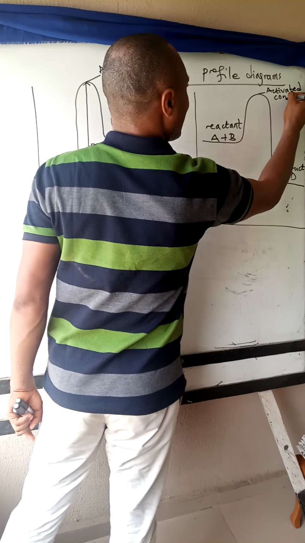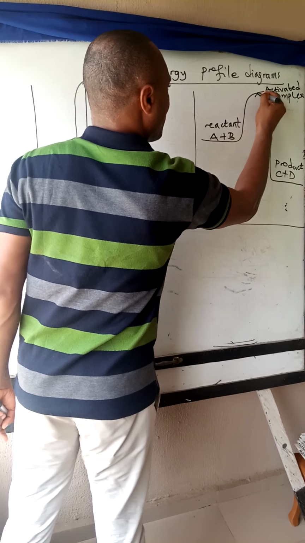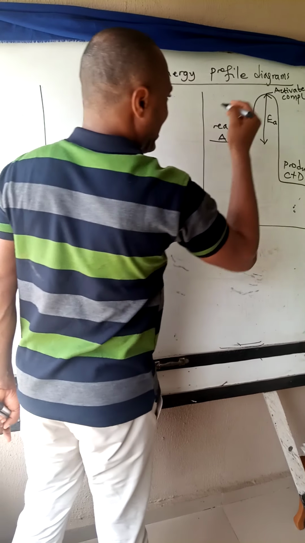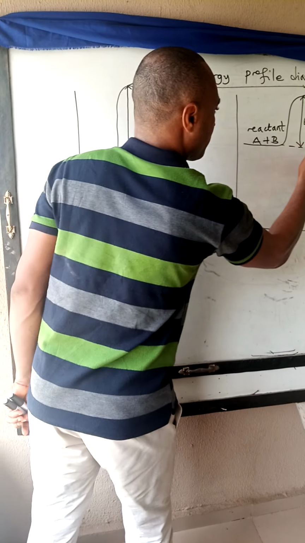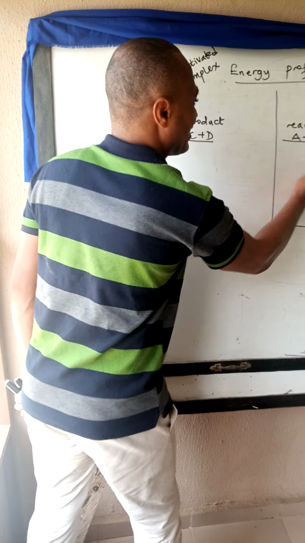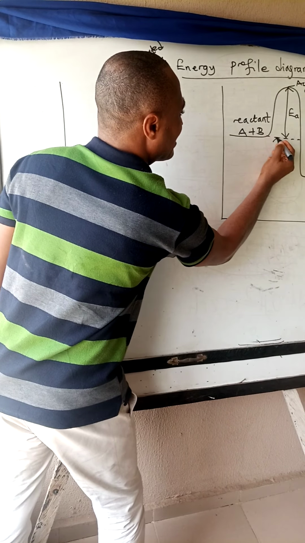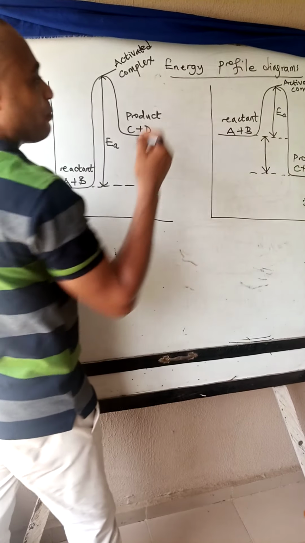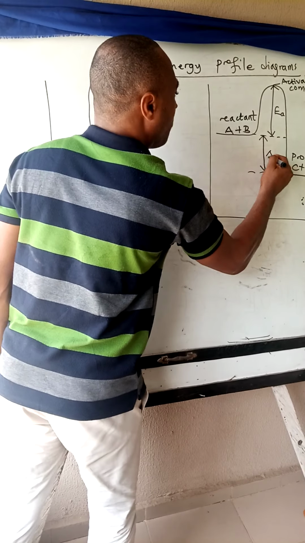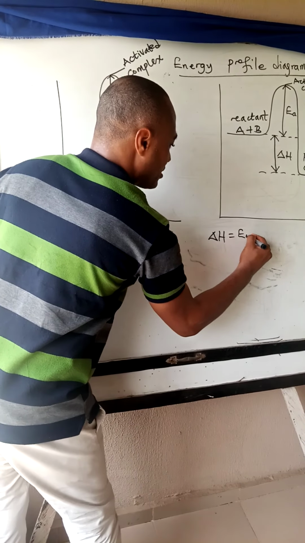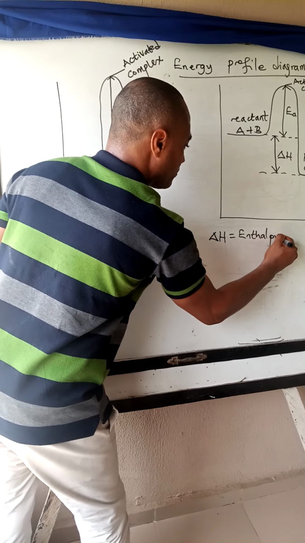From this point to the reactant, a very small activation energy. This is my reactant, this is my product. The difference between the reactant and the product is called my enthalpy change. So I'll just note that here: delta H is called the enthalpy change.